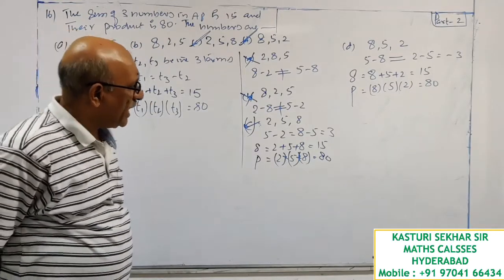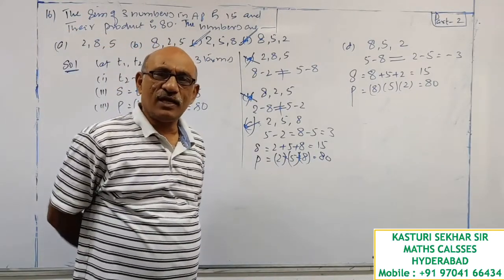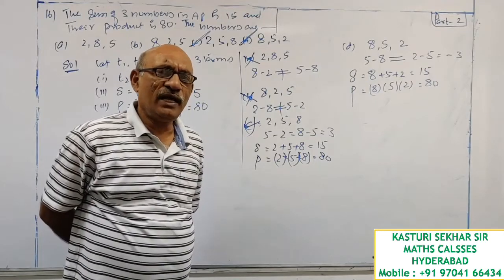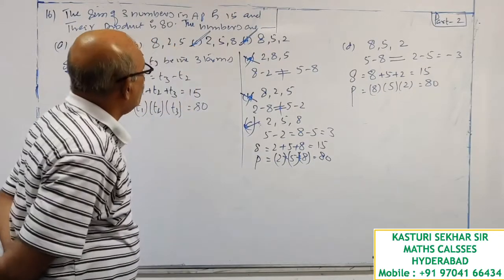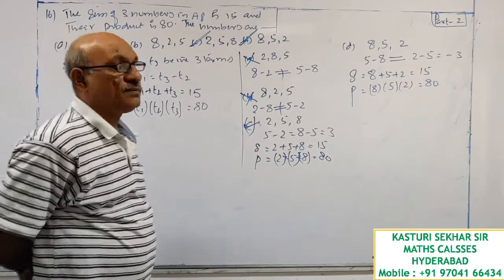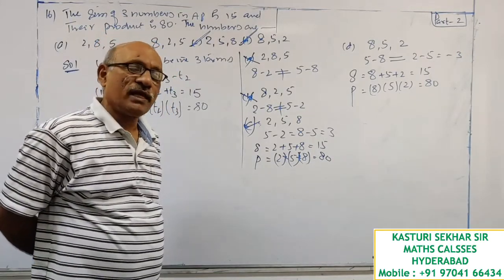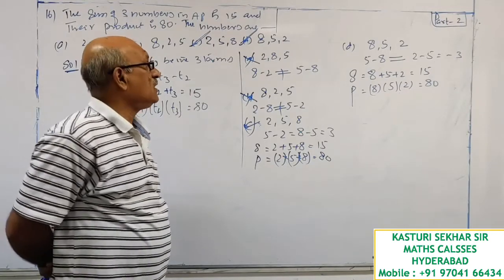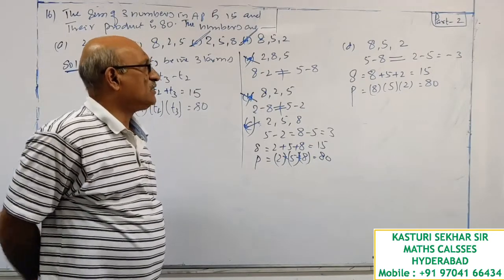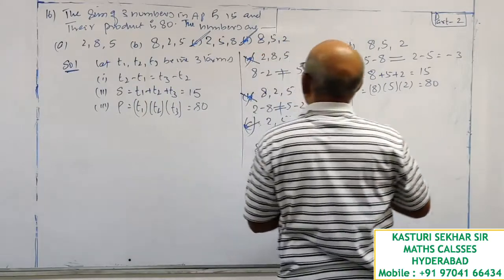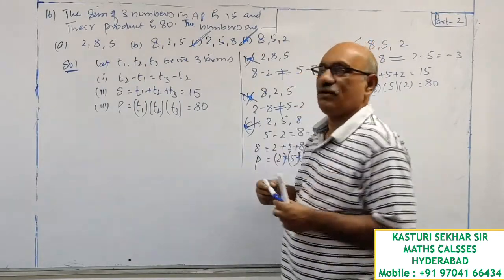Therefore, these two are eliminated. So two options left over, C and D. Both satisfied all the conditions given in the question. Therefore, C and D are the answers to the given question.